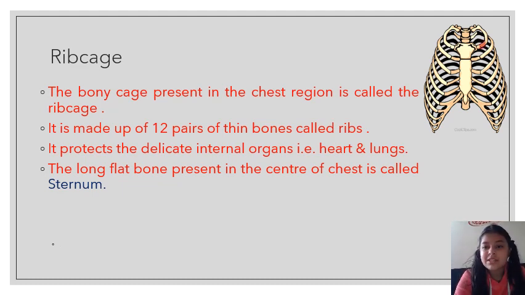So here you can see the ribs, these curved bones. It also protects the delicate internal organs such as heart and lungs. And this long flat bone present in the center of the chest, what is this called? It's called the sternum.